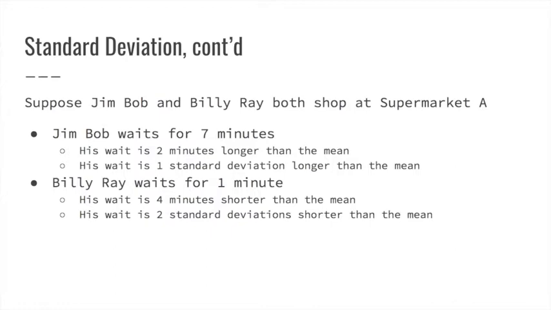Billy Ray, on the other hand, had a great experience because it was quick, but it was a little bit unusual, because he was 2 standard deviations shorter than the mean, meaning that not very many of those short 1-minute visits are likely to happen. So the more standard deviations away you are from the mean, the less likely that is to happen, so the fewer of those things there are.